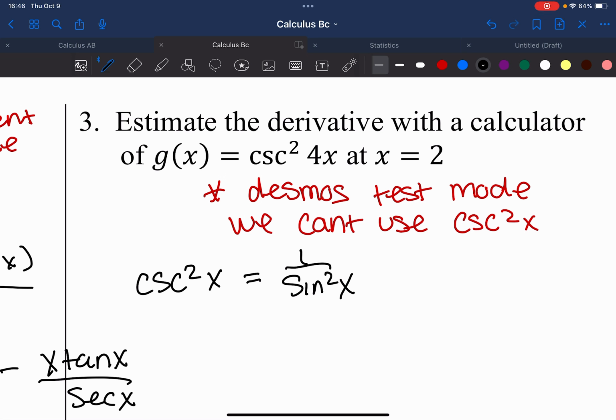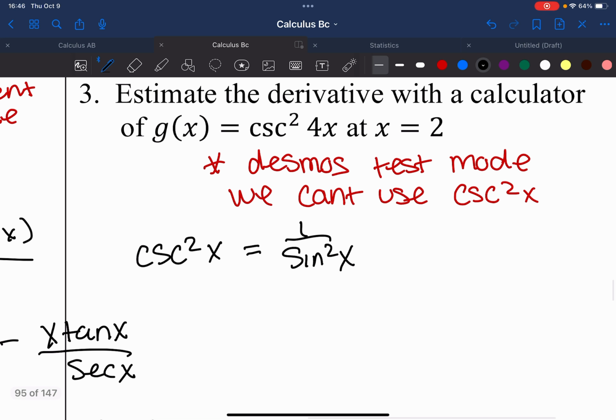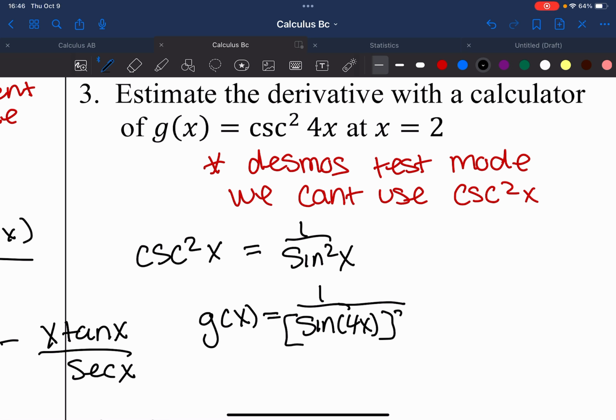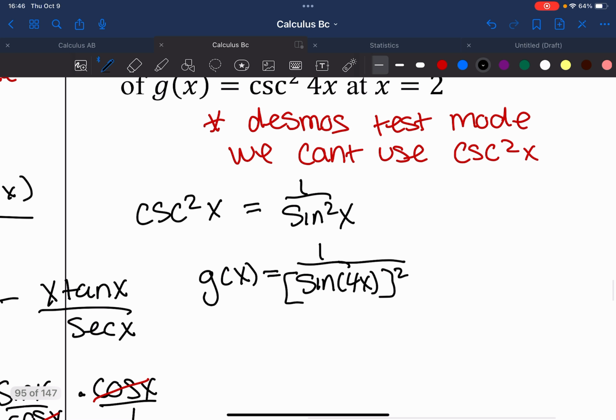Okay, which when we plug this in, we can use sine. Okay, so when we plug this in, we could say g of x is equal to 1 over sine of 4x squared. And then on the next line, do g prime of 2, and it will give us our estimate of 1.2019.